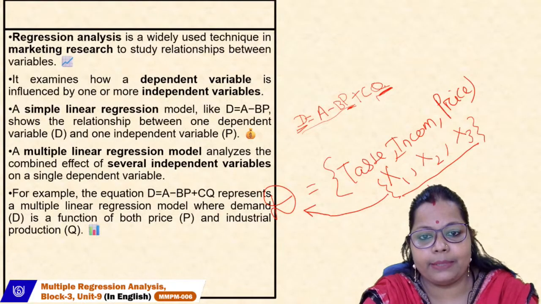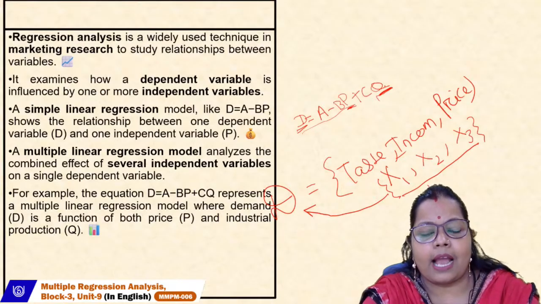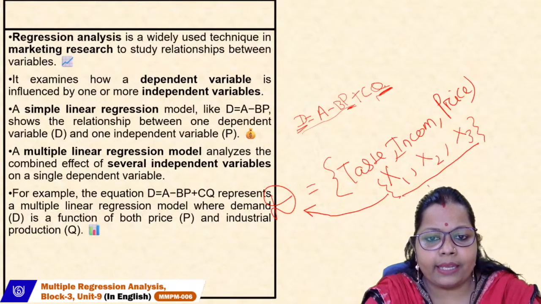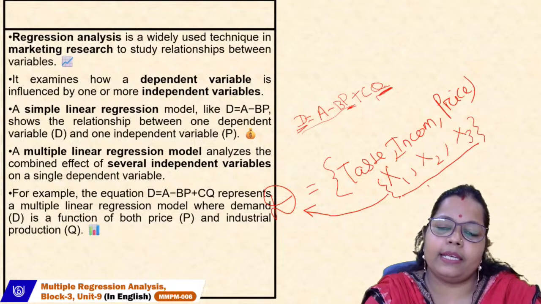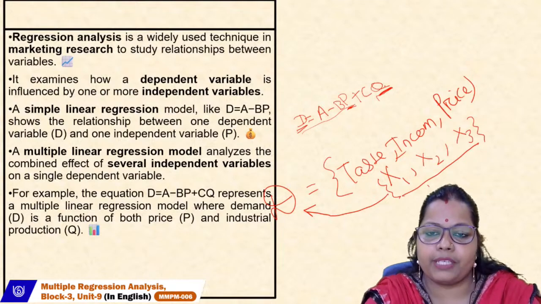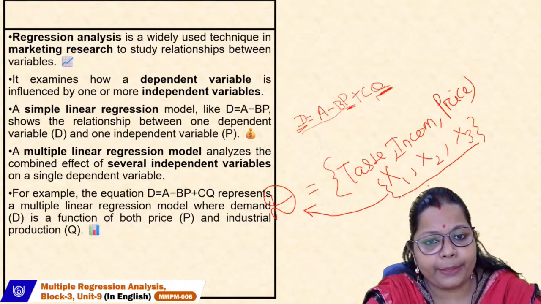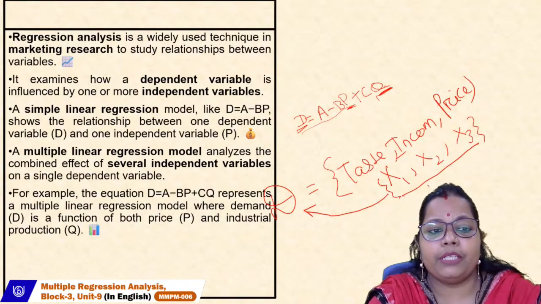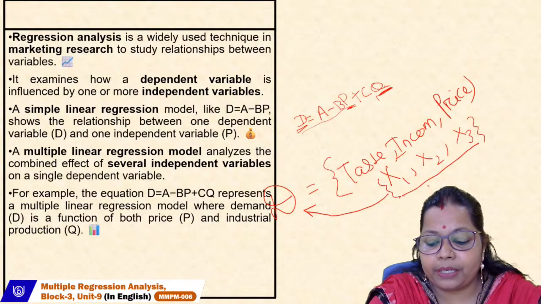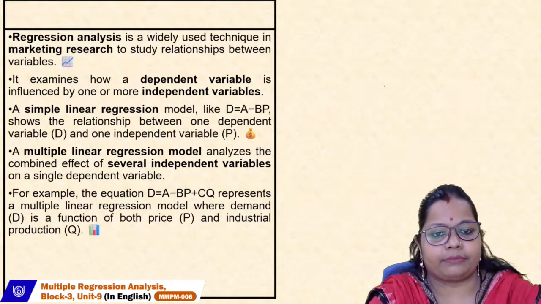If more than one independent variable is there with only one dependent variable, and we are calculating the combined impact of these independent variables on the dependent variable, then we call it multiple regression analysis.